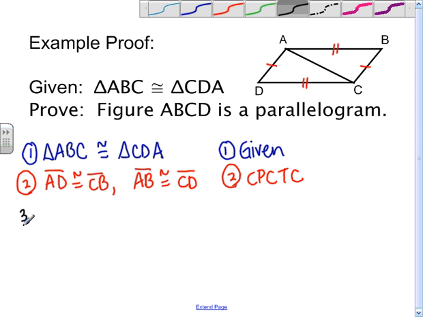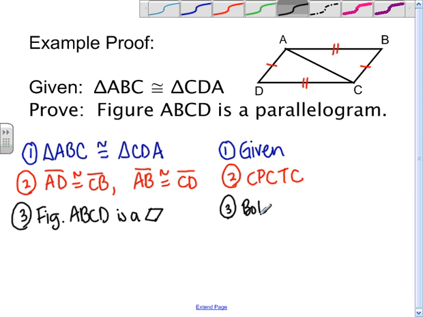So our third step is going to say figure ABCD is a parallelogram. And the symbol for parallelogram is this. And our reason, how do we know it's a parallelogram? Because both pairs of opposite sides are congruent.